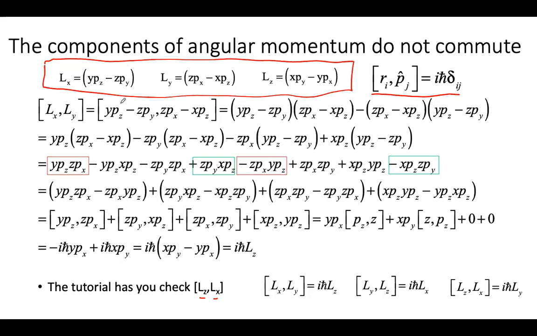All I did is I said, well, LX is this. There's my comma right there that I drew over, and LY is right there. And so what we said is that's the first thing times the second thing, like AB, and then minus BA, the second thing times the first thing, and you swap the order around.